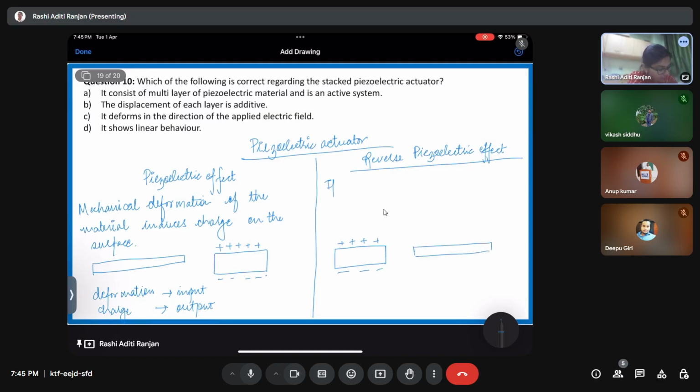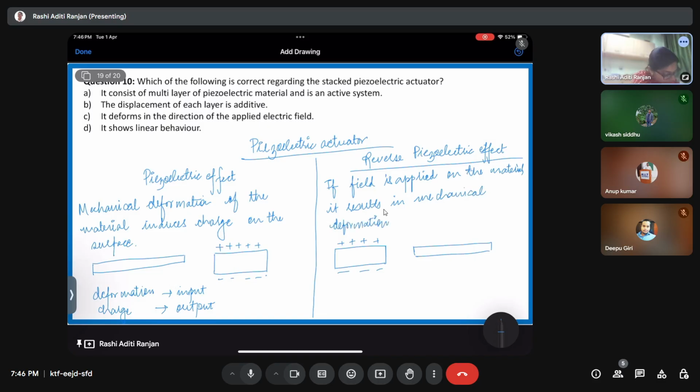So if a field is applied on the material, it results in mechanical deformation.